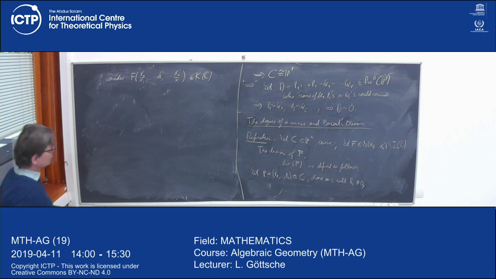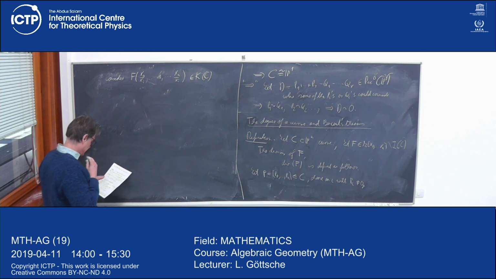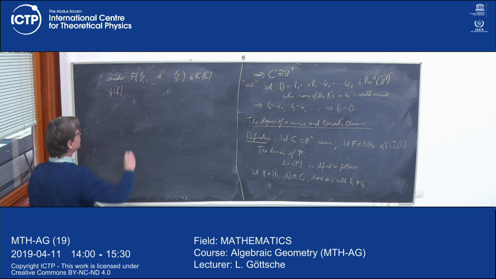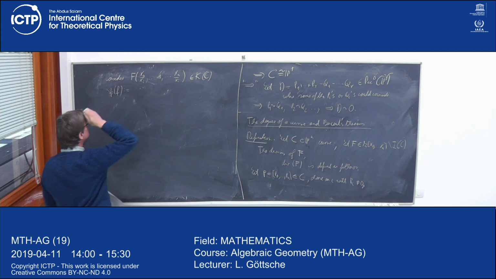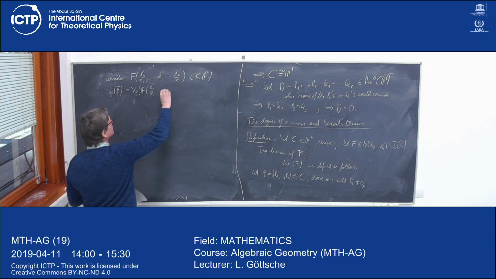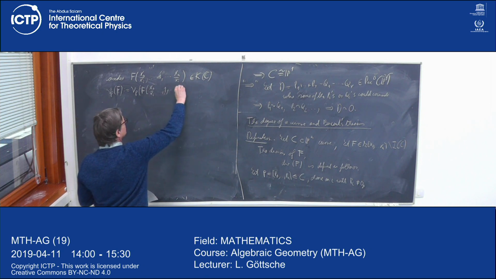And so we can therefore put nu p of f to be equal to nu p of f of x0 divided by xi, 1, xn divided by xi.